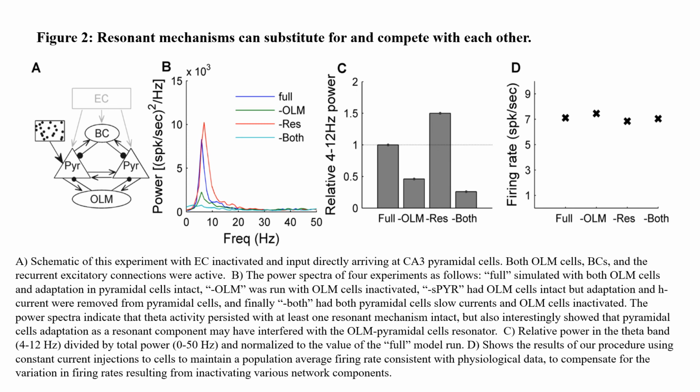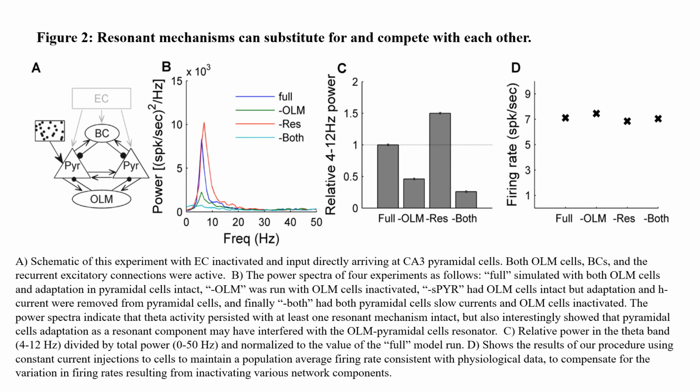The minus OLM was run with OLM cells inactivated. The minus SPYR had OLM cells intact, but adaptation and the H current removed from the pyramidal cells. And finally, the minus both had both pyramidal cell slow currents removed, as well as the OLM cells inactivated.